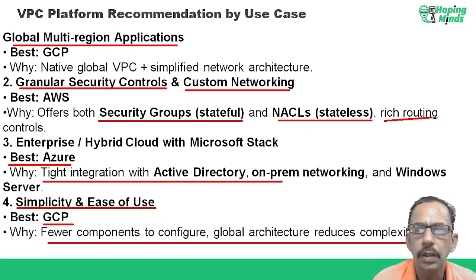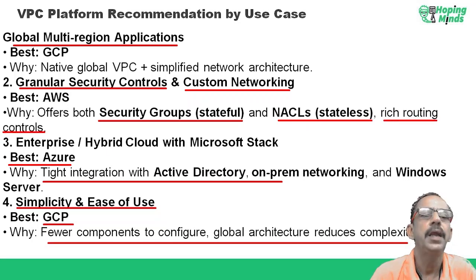Rich routing control there in AWS. That's the main feature why AWS cloud is the most preferred at the top nowadays, due to security features and rich routing control.